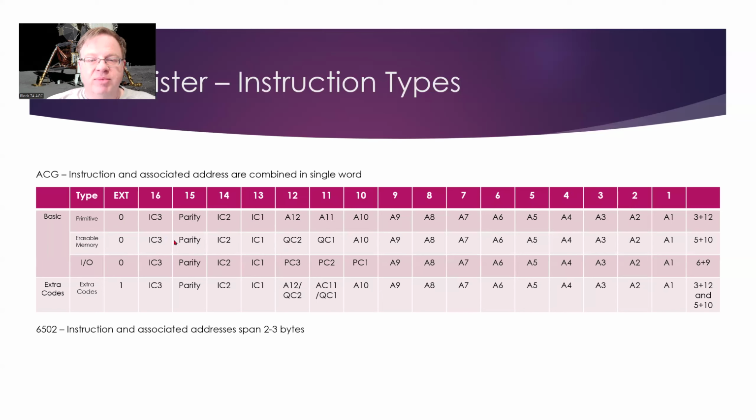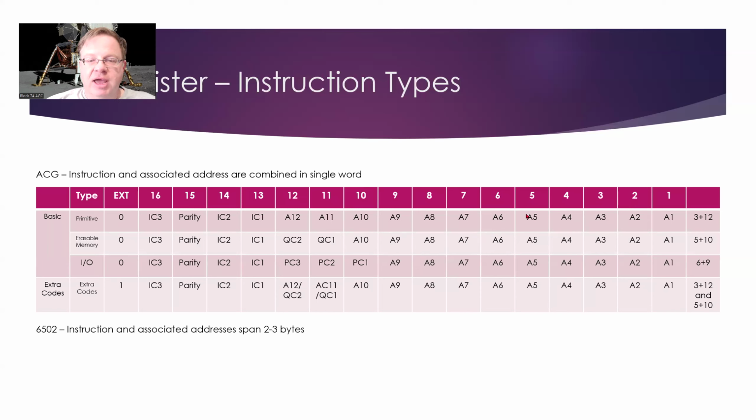So you've got the 3 bits for the regular instruction code, and then you've got these 2 quarter code bits that are stored in bit positions 11 and 12, and that only leaves us with 10 bits of address. So that's only 1024 addresses, and this is where banking becomes really more important for addressing erasable memory.